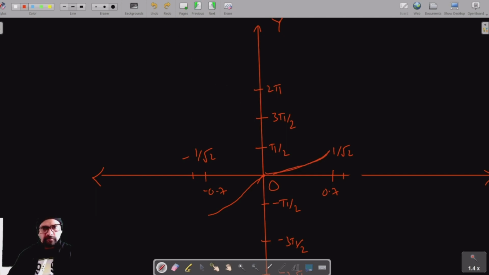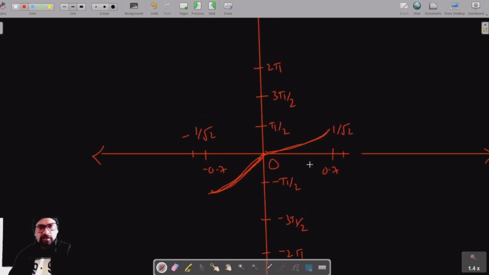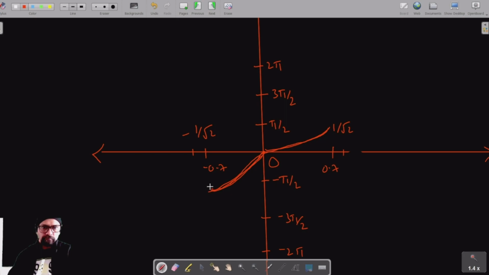This is the graph between -1 by root 2 and 1 by root 2, or you can sketch it. So this graph goes like this.